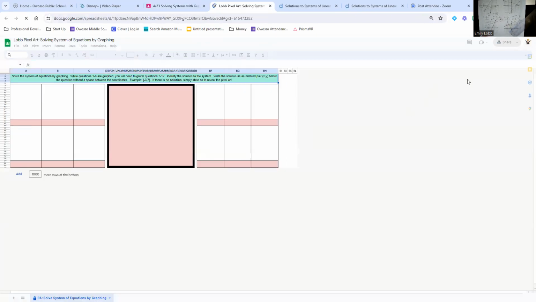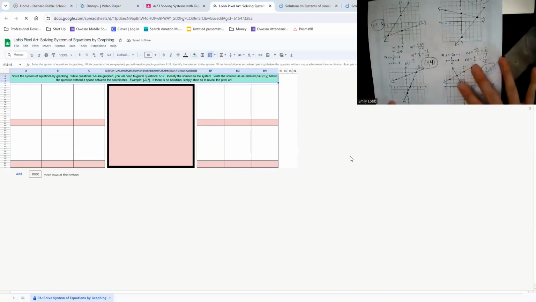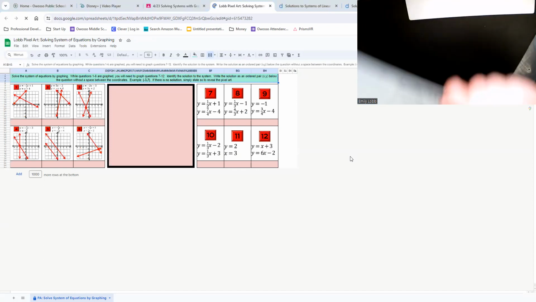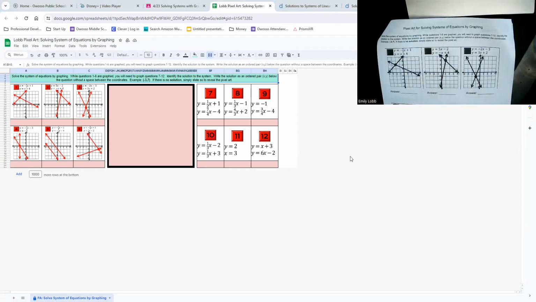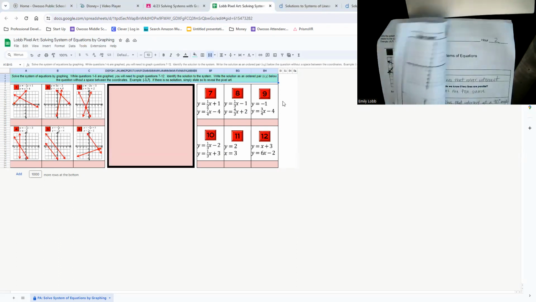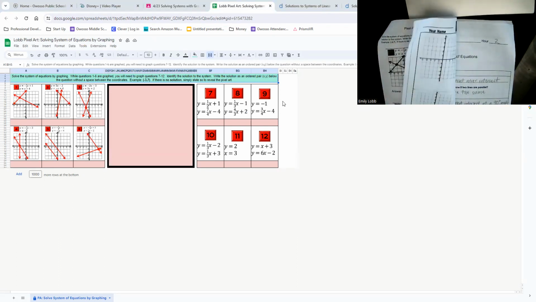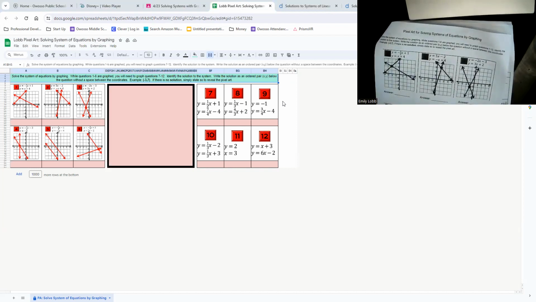The first one just wants you to solve the system of equations by graphing. So these first 6 are on your first page, and you're just putting the answers in. The last 6 are on the back page, and so you will need to graph them here to find where they intersect.